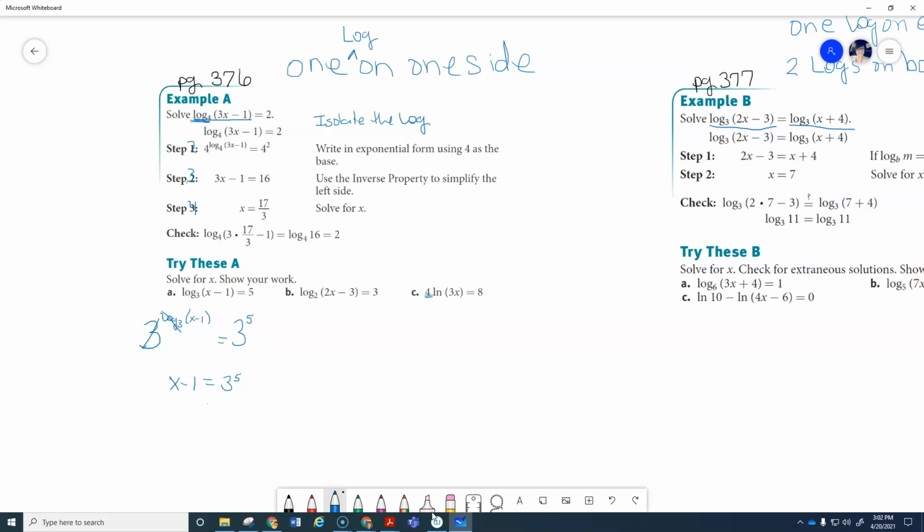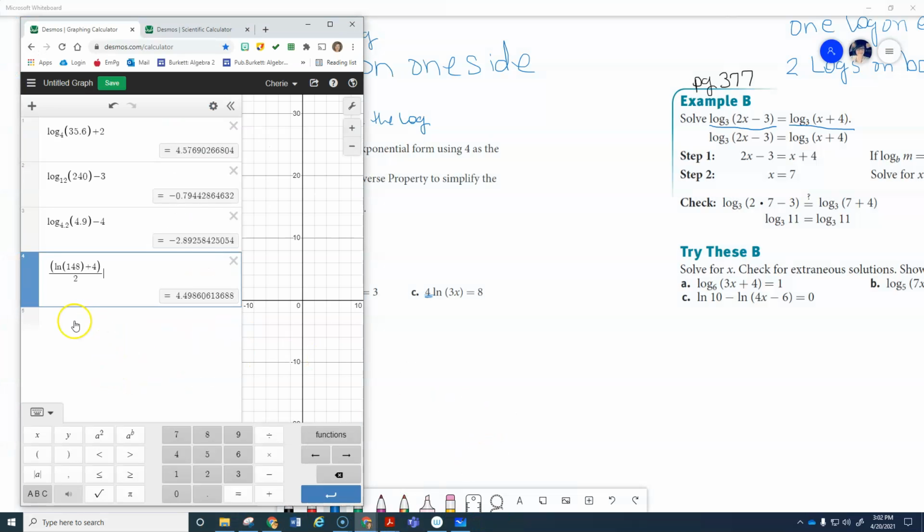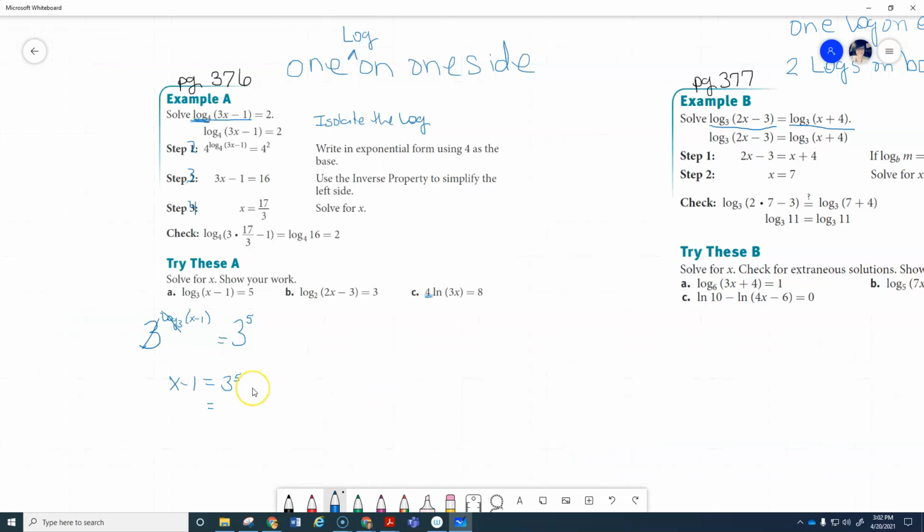Well, you know what 3 to the 5th is. Well, I don't really. 3 to the 5th. 3 times 3 times 3 times 3 times 3. I'm going to have to grab my Desmos calculator real quick and say 3 raised to the 5th power. 3 raised to the 5th power is 243.